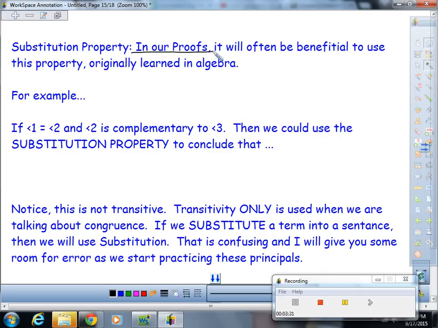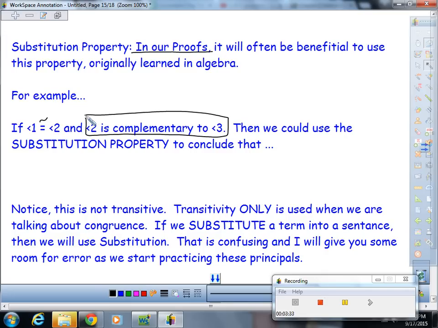If angle 1 is congruent to angle 2, and angle 3 is complementary to angle 2. Now this is a sentence. Sorry, angle 2 is complementary to angle 3. That is a mathematical sentence, okay?